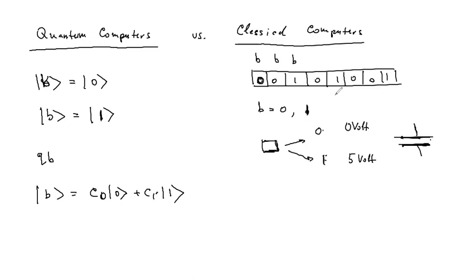So then you can write an algorithm which will use this ability to be in superposition, and it will let you solve a problem in polynomial time. And for classical computers, the time for solving the same problem will be exponential. And this makes a huge difference.